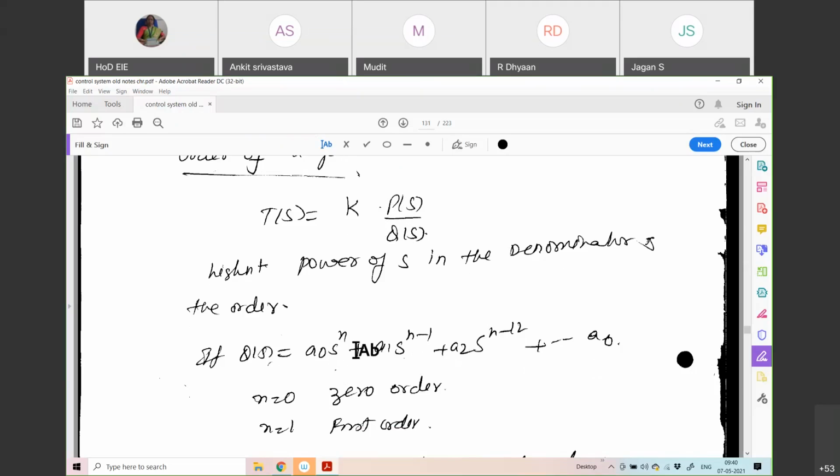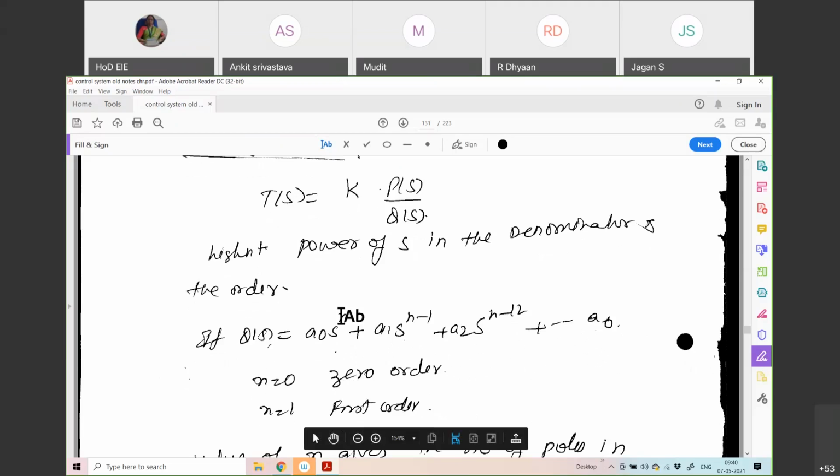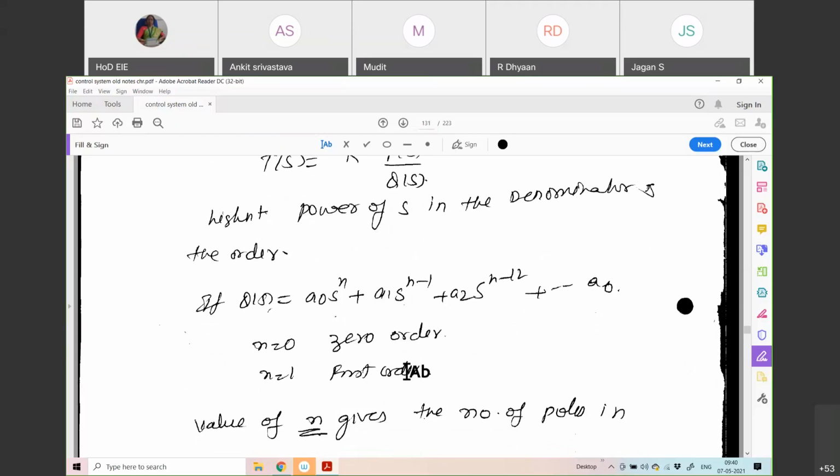You can say A0 S to the power of N, A1 S to the power of N minus 1, then A2 S to the power of N minus 2, and so on. Finally it ends with a constant with S to the power of 0. So if N is 0, it is a 0th order. When N is equal to 1, it is a first order system.